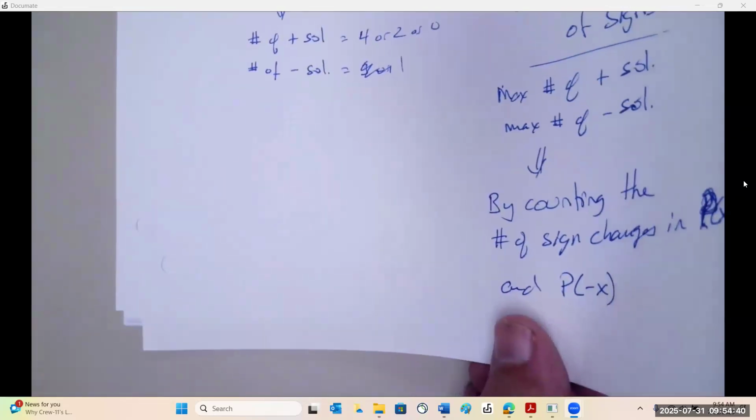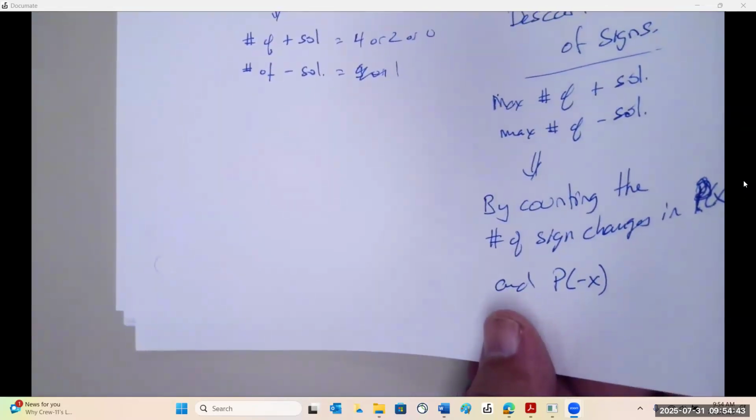To use this, we cannot have any zero terms. We have to take everything into consideration. And the constant term cannot be 0.